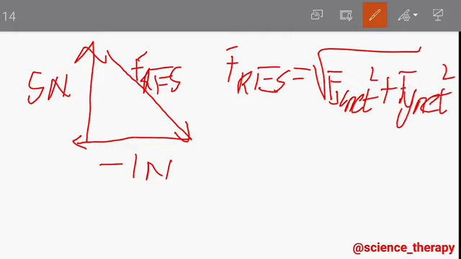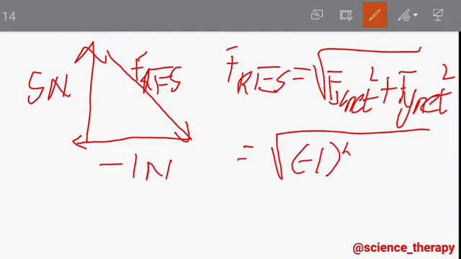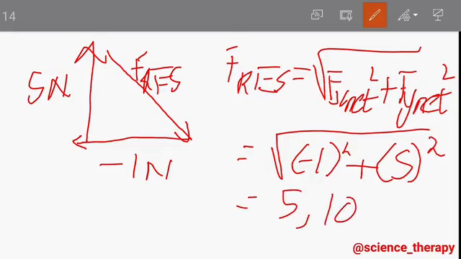So the total of your horizontal squared plus the total of your vertical squared. Negative 1 squared plus 5 squared. You punch that in your calculator, and you have 5.10 newtons. But remember, we are not done.